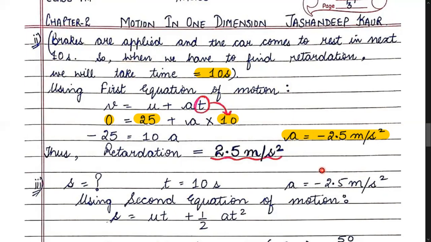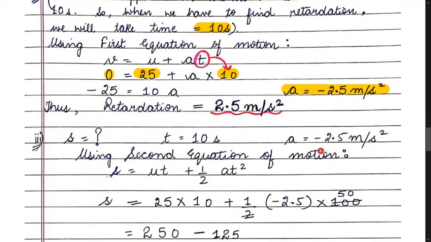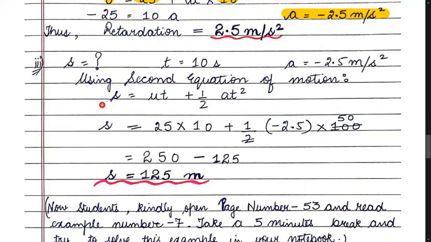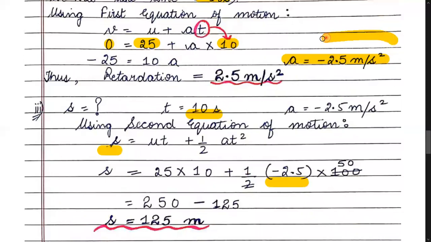And then the third part is find the distance traveled by the car after applying the brakes. So now you have to find distance after the brakes are applied. That means we'll take time as 10 seconds. So children, now put the value of acceleration as minus 2.5 because the value of acceleration was negative.